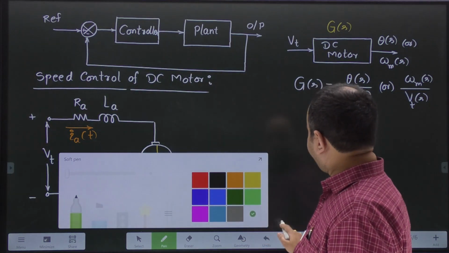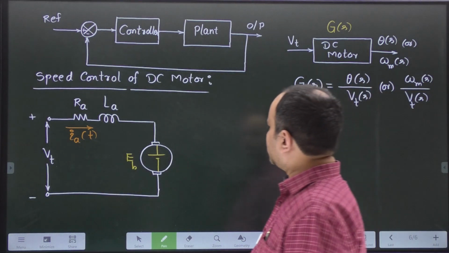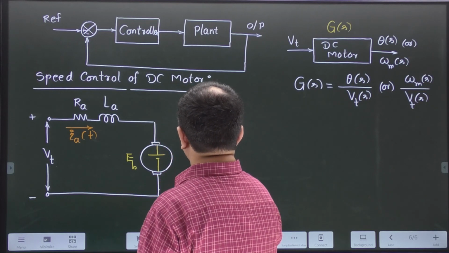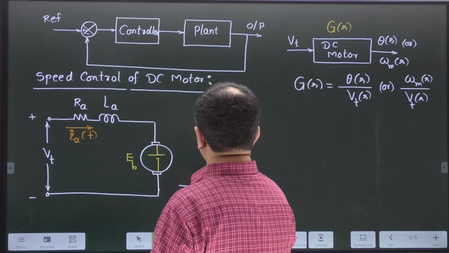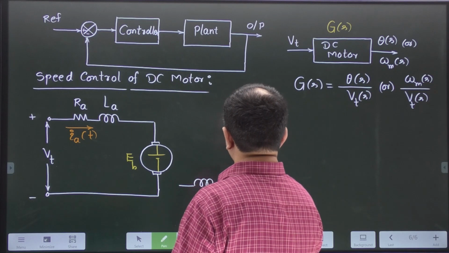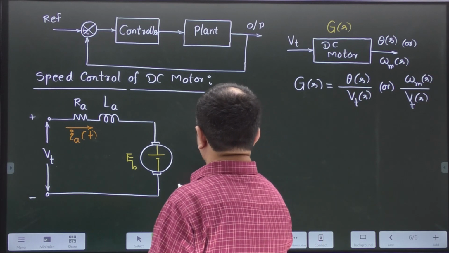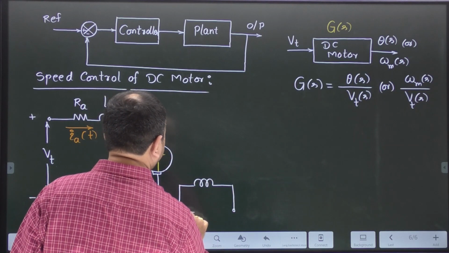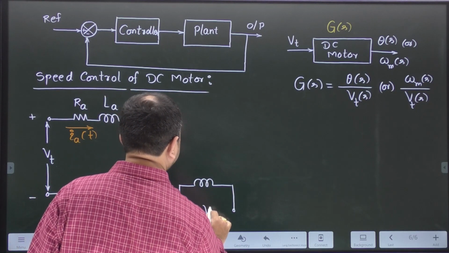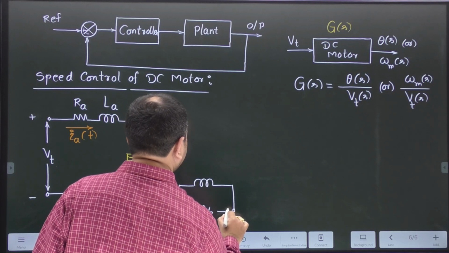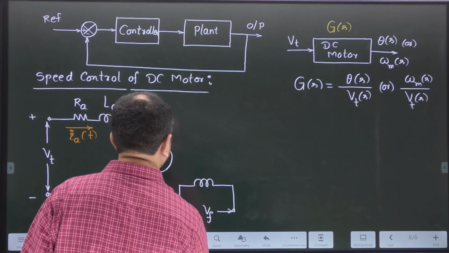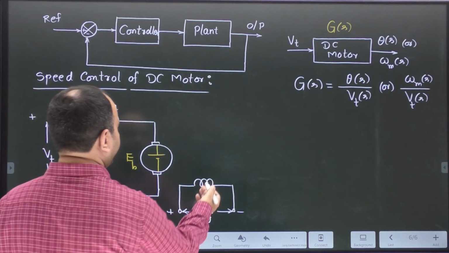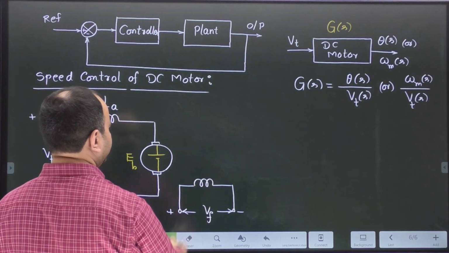Now, the field winding you can place here, at 90 degrees to the armature side. The field winding is excited by a separate excitation system. Let me take a separate excitation source VF, with field winding RF and LF.